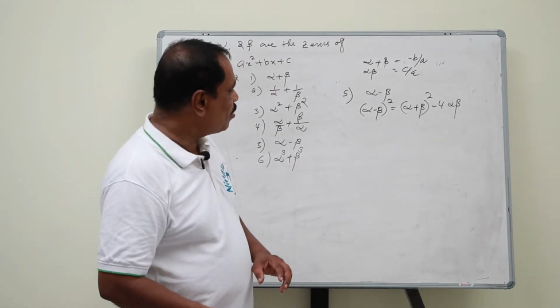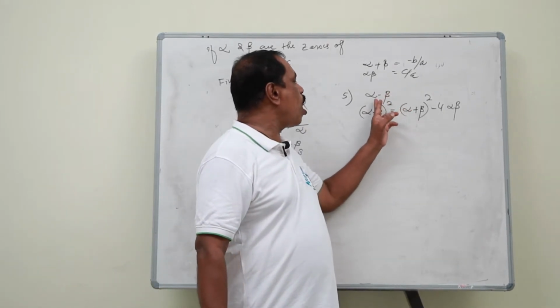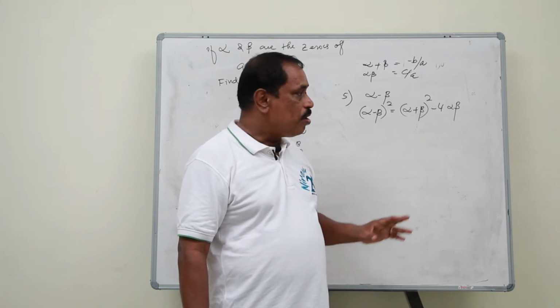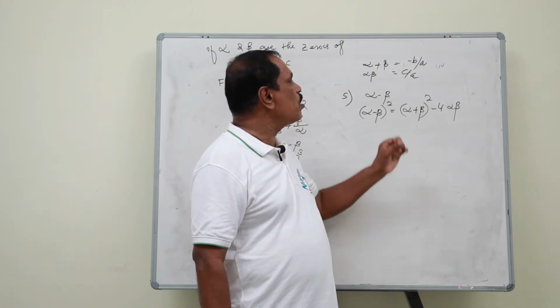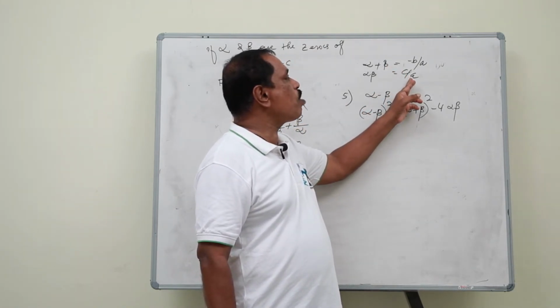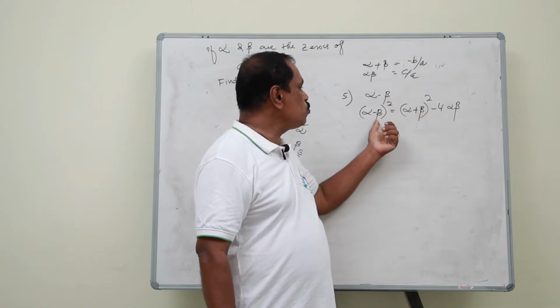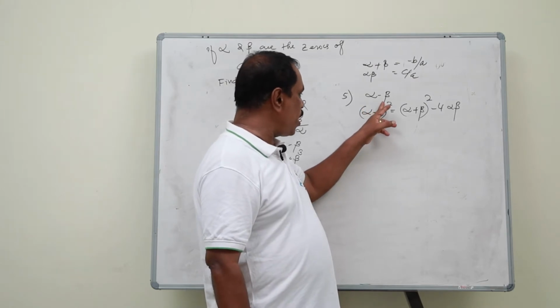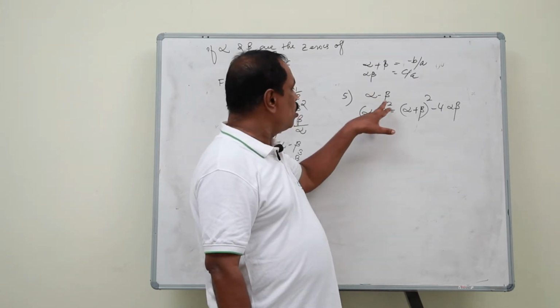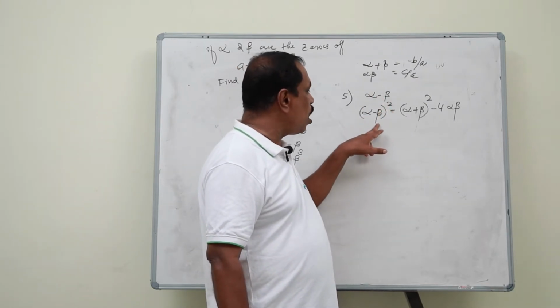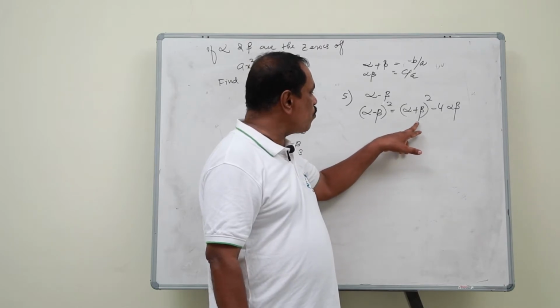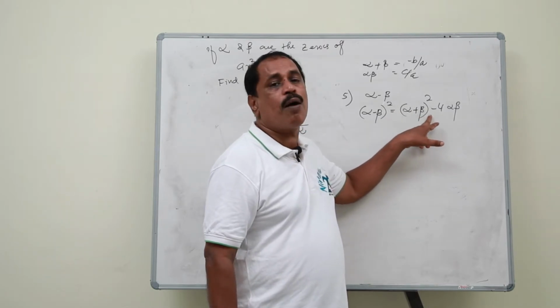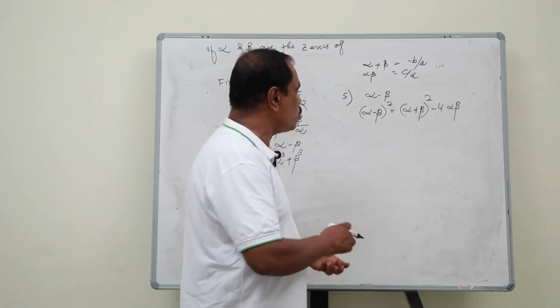You know why? We do not know alpha and beta. We only have the sum of the zeros and product of the zeros. We do not have the difference of them either. So, an important question: to find alpha minus beta, we have to convert this in terms of sum of the zeros and product of the zeros.